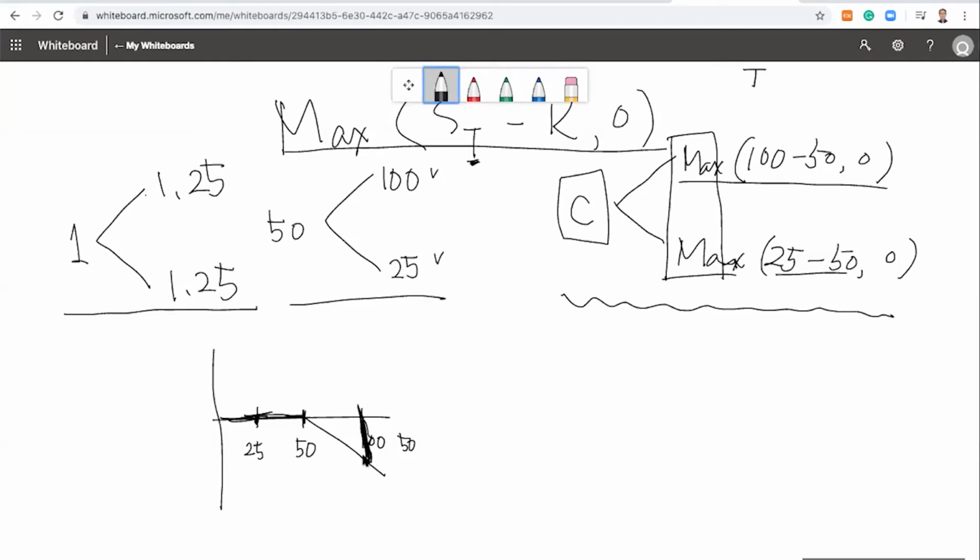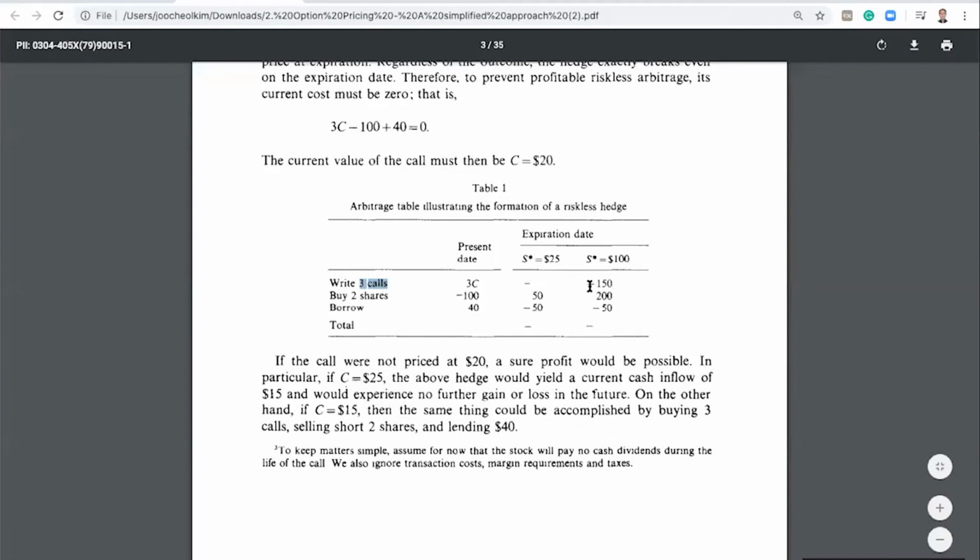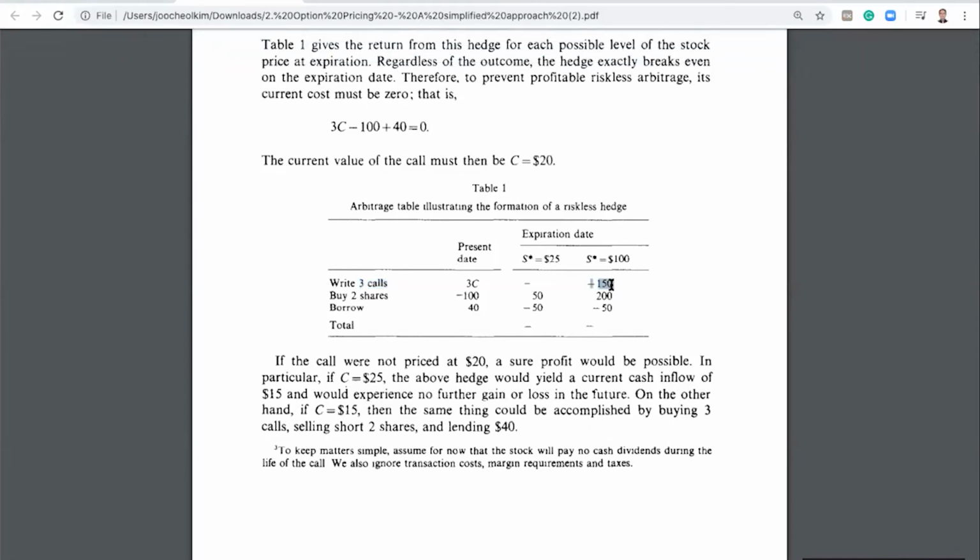I lost $50 for each option, but I sold 3 of them. So in total, from my pocket, I have to take $150 and give it to the long position of the call option. So that's negative 150.